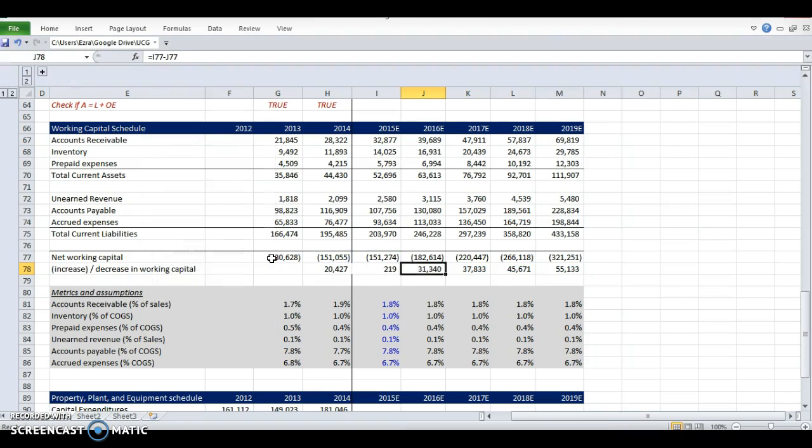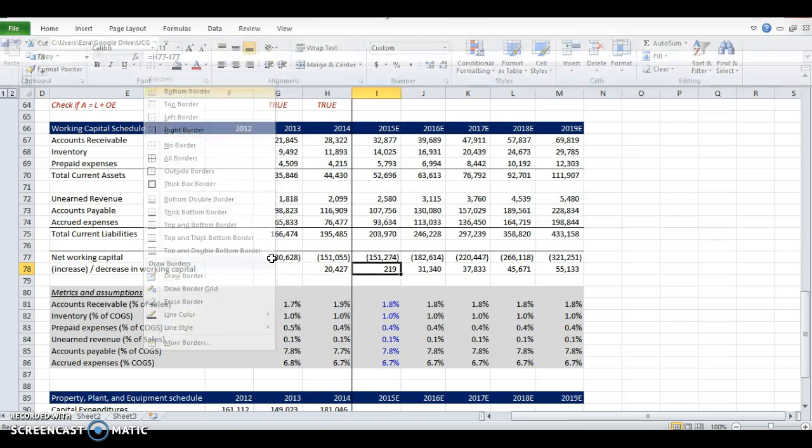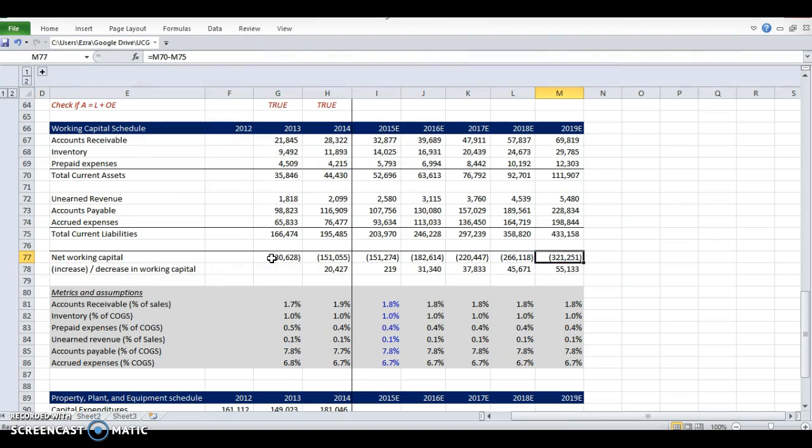So these are going to be our increasing and decreasing of working capital over time. Now, again, I don't know if we can forecast this. We have to look and see if this actually makes sense. This is a pretty significant decrease in working capital over time. We'd have to go back and see if this makes sense for this specific business, but for the model, everything should be structured right. So now we've got our working capital schedule.